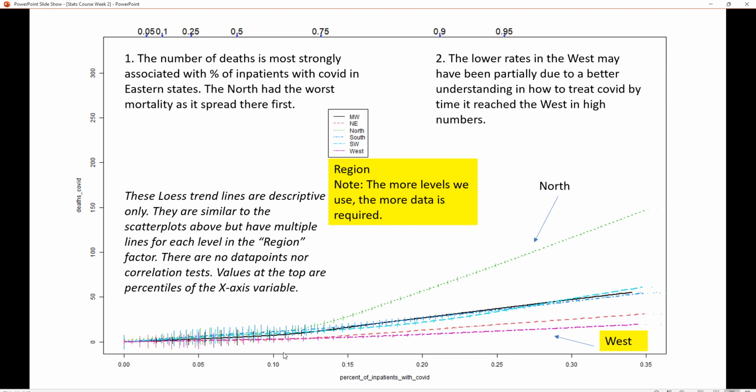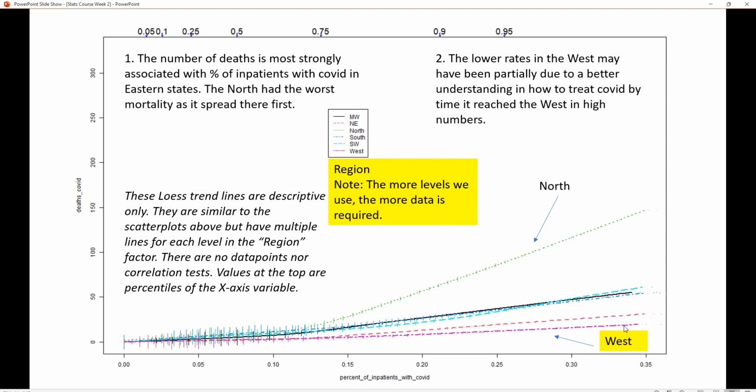Because the pandemic started there first, we see that as hospital volumes increased with COVID patients, the number of deaths increased. We may also consider that the lower rates in the West may have been partially due to better understanding in how to treat COVID by the time it reached the West in high numbers.